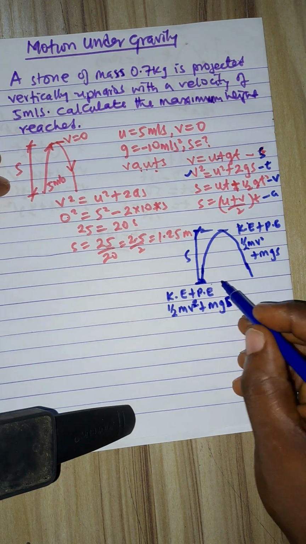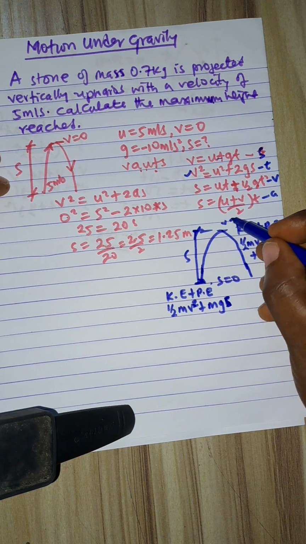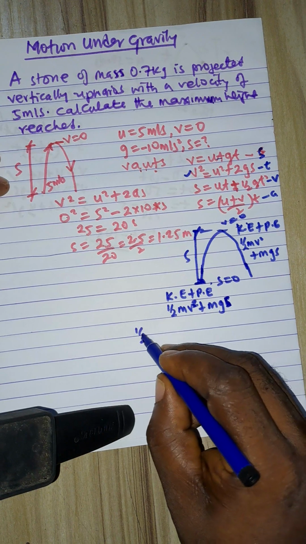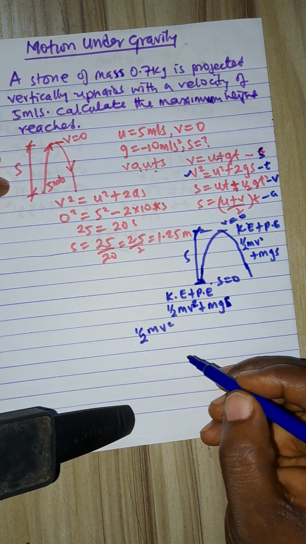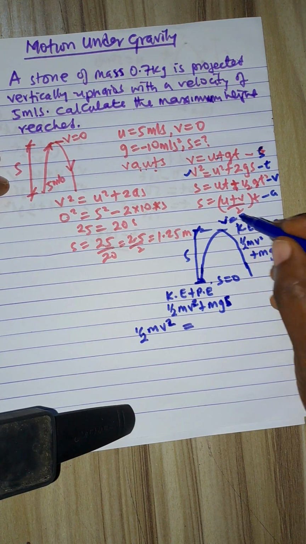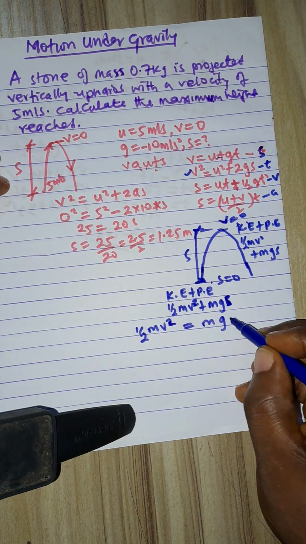On the ground, S is 0, while at the maximum height, V equals 0. So the total energy on the ground is purely kinetic energy, half mv squared. And at the maximum height, kinetic energy is 0; what it has is just mgS.